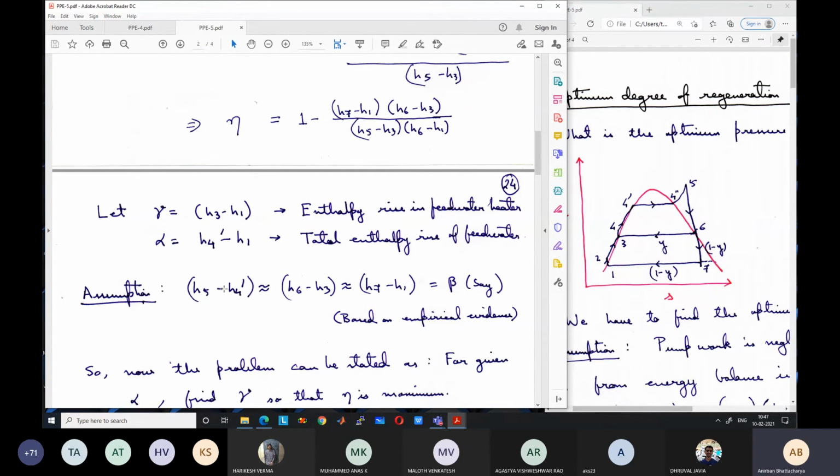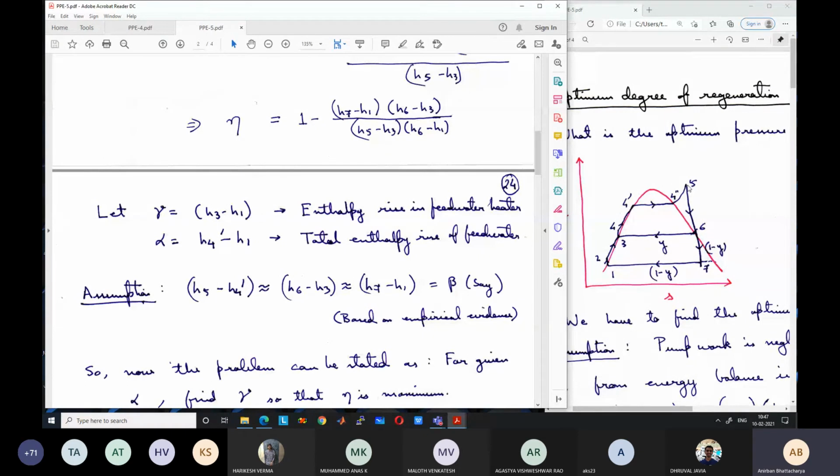The assumption is that for any of these heating parts, whether in the feed water heater or in the two-phase region, like in the boiler from 4 dash to 5, H5 minus H4 dash is approximately equal to H6 minus H3, which is also approximately equal to H7 minus H1.